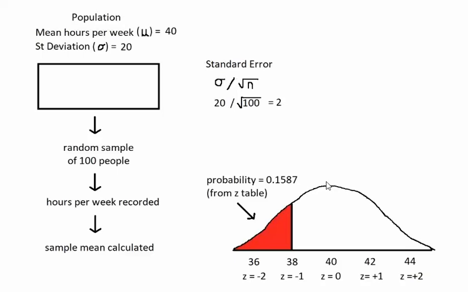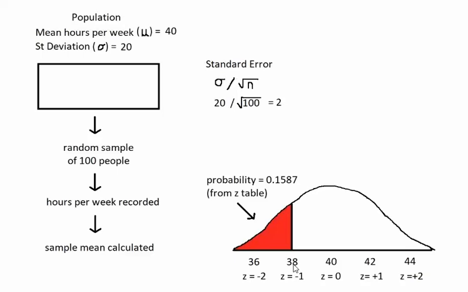The next thing we need to do is turn our sample mean of 38 into a z-score. And before we can do that, I need to explain the z-score of a sample mean, because this is a new type of z-score that we haven't seen before. Earlier this semester, we were talking about the z-score of an individual person.